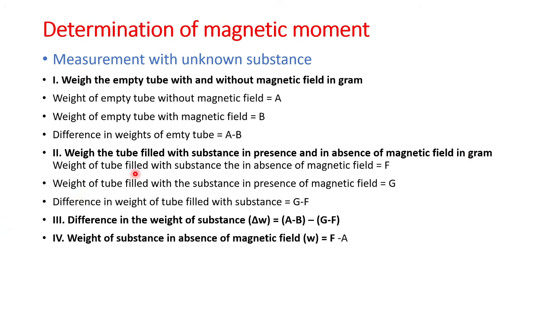The weight of the tube filled with substance in absence of magnetic field is F, and with magnetic field is G. Then the difference in weight of the tube filled with substance is G minus F. There was a typing mistake on the slide; the correct difference del W is (G minus F) minus (B minus A), and the weight of the substance in absence of magnetic field, W, is F minus A. So here we measure del W and W.